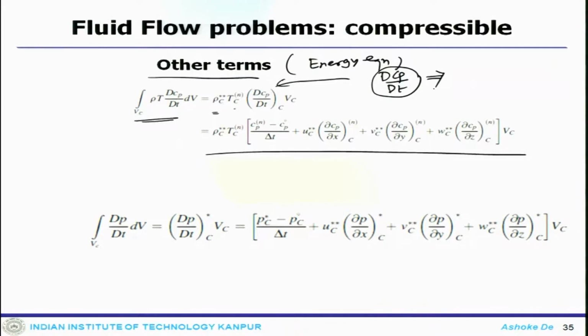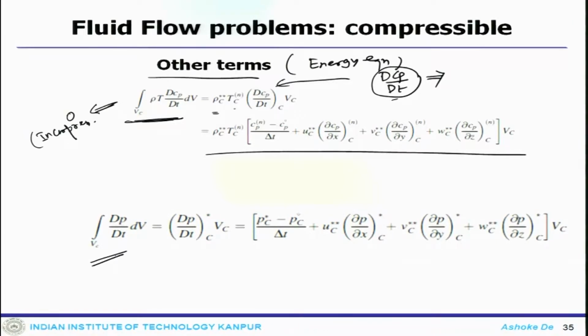Now, as long as your flow is incompressible, you can actually neglect these terms, since the contribution due to this becomes essentially 0 in incompressible cases. But since we are discussing the compressible case, we cannot neglect this term, and this leads to some sort of transient and spatial derivative of that.